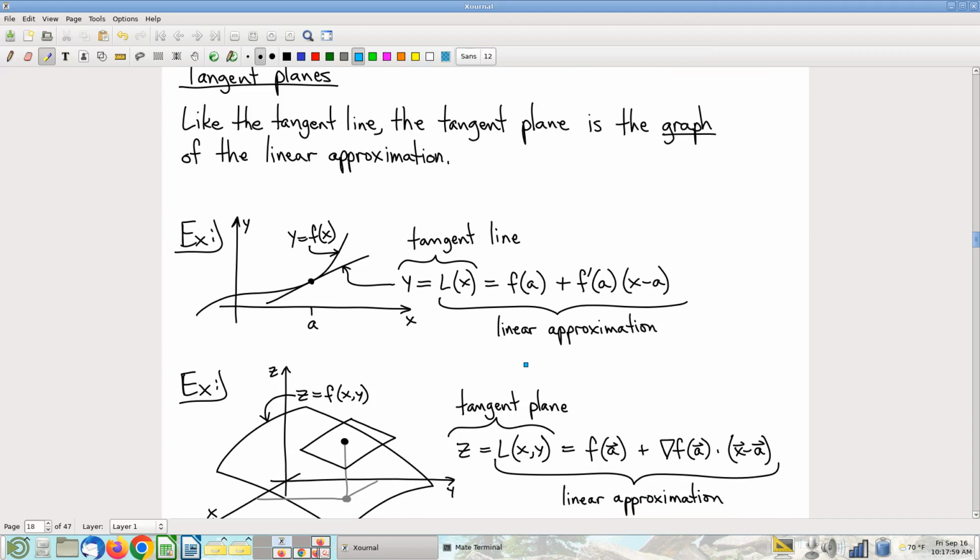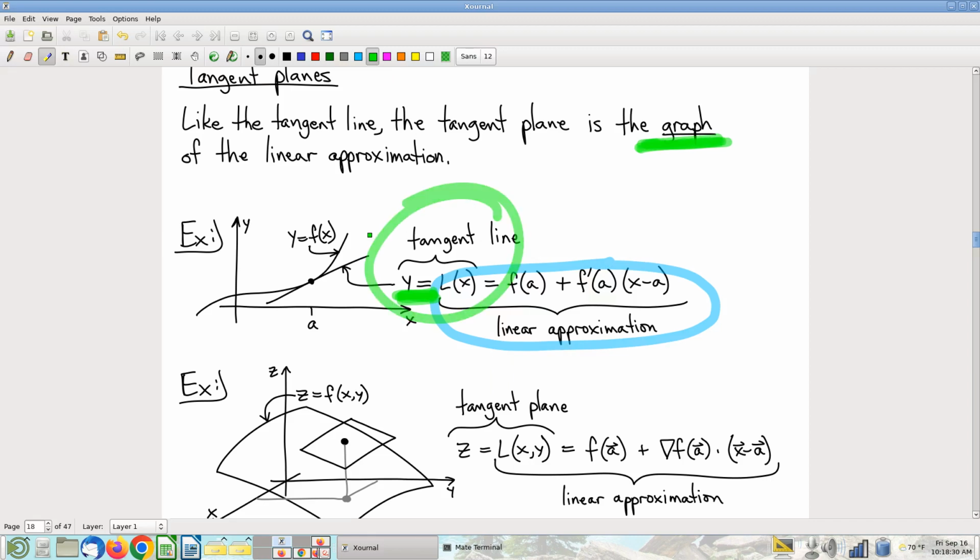Where we ended is we talked about the graph of these approximations. If you have a function that approximates another function, then the graph of the approximation should, in some sense, mimic the graph of the function that you're approximating. If two functions are algebraically similar, they should be geometrically similar. So here's the linear approximation, and the graph of that linear approximation in the single variable case is what we call the tangent line.